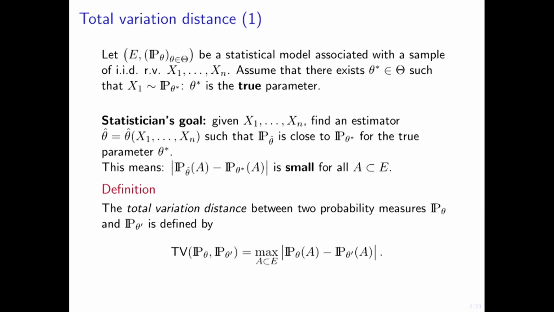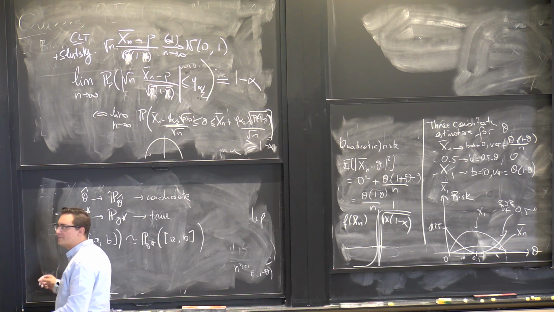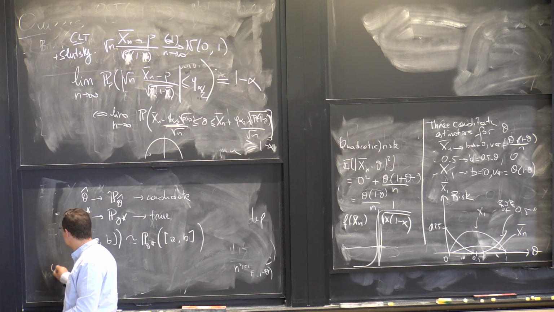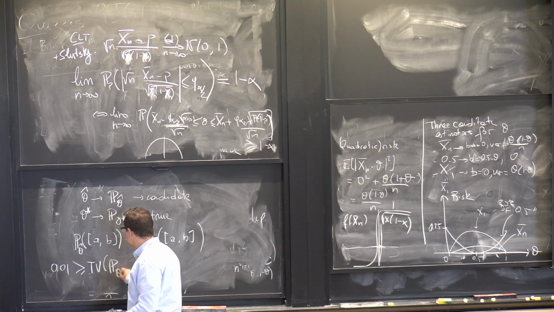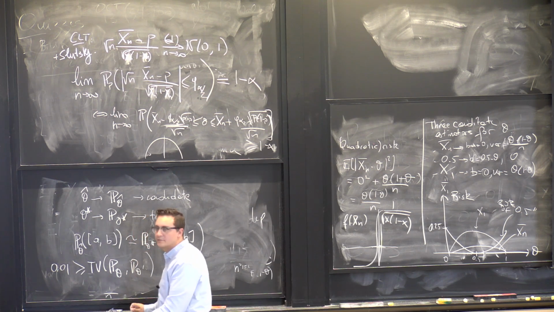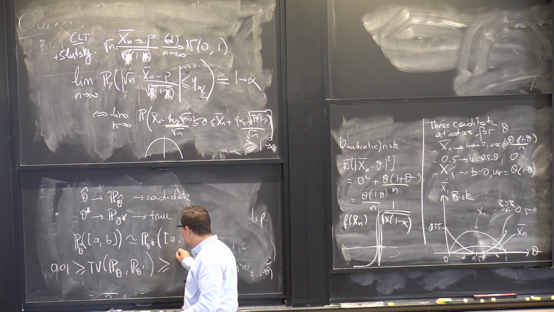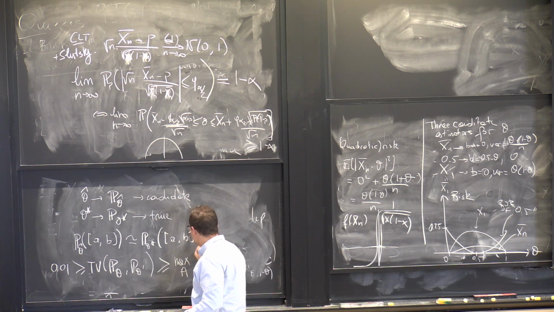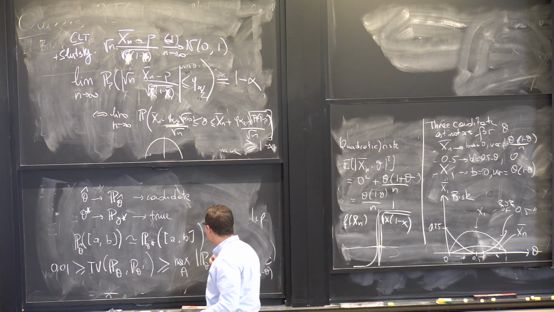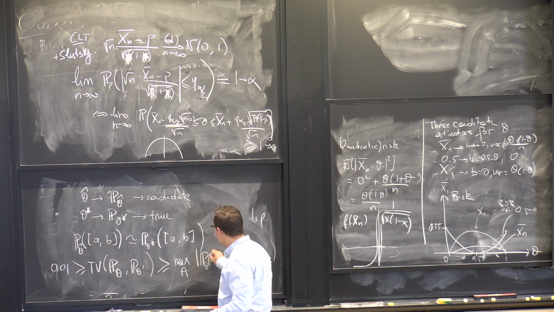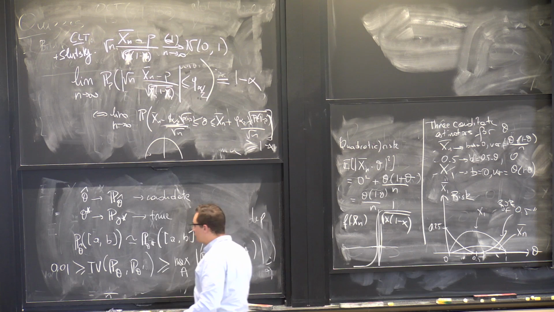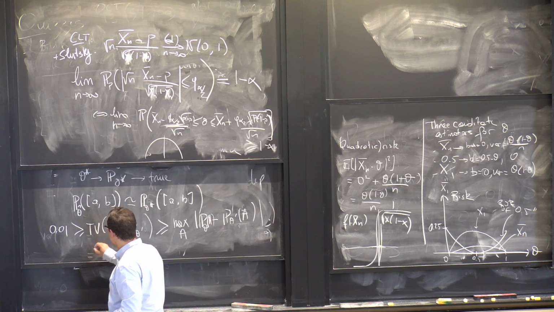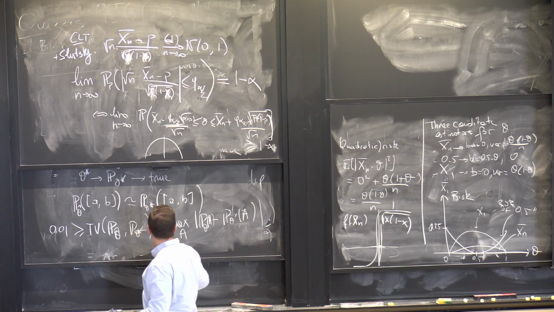All right, so let's say I just found a bound on the total variation distance, which is 0.01. That means that this is going to be larger than the max over A of p theta minus p theta prime of A. Which means that for any A, actually let me write p theta hat and p theta star like we said.